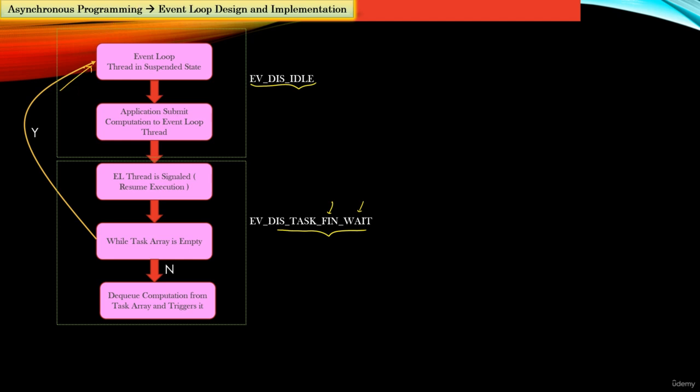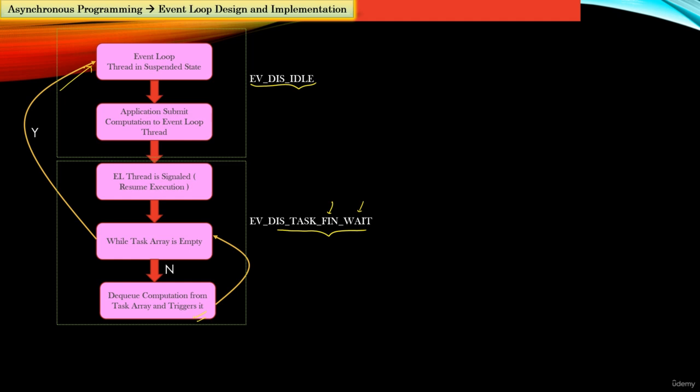And finally, once the event loop dequeues the computation from its task array at this step, of course the event loop has to go back and check whether the task array is empty or not, and continues to fire the computations from its task array until the task array is empty. So this is the flowchart which represents the execution cycle of an event loop thread.